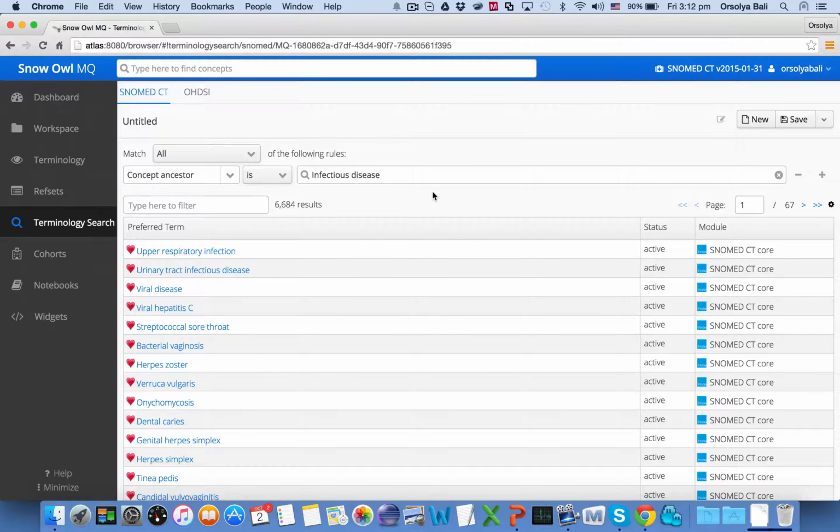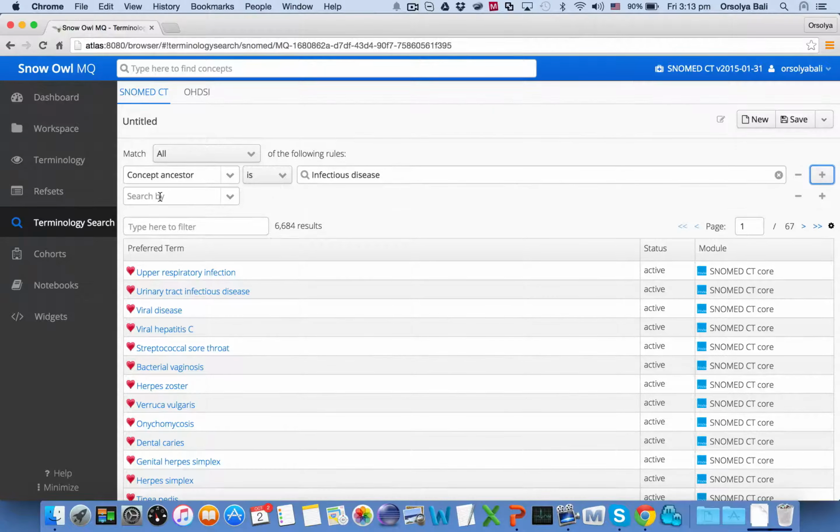It is possible to add more search constraints and search not only by hierarchical position, but by those properties that we were looking at that define the concept's meaning.